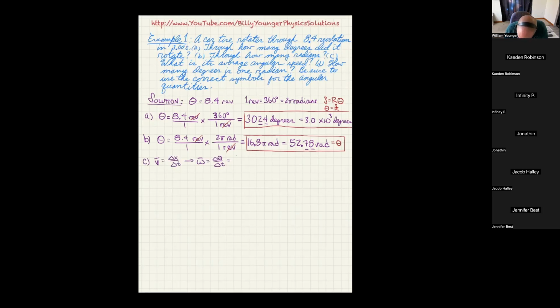And we found that it was done in 3.00 seconds. So if I do that, 8.4 divided by 3 gives me 2.80 revolutions per second is the average angular speed.